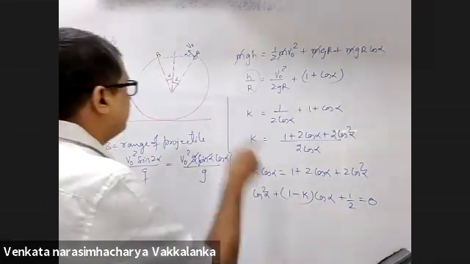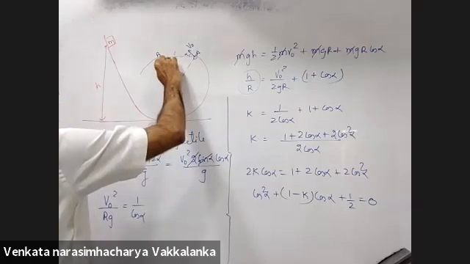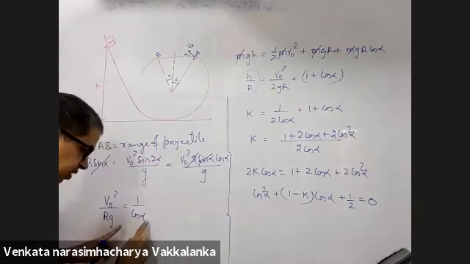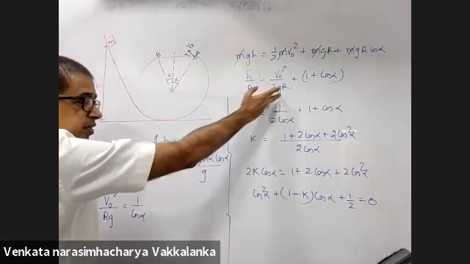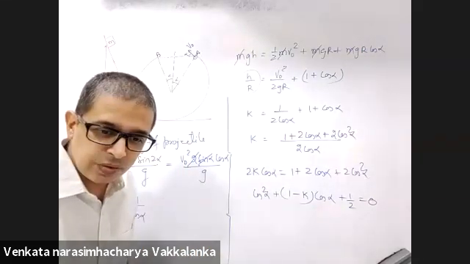If it is a fact that this projectile will reach this particular point, that means this should be the range. That means if this equation is satisfied, and by default conservation of energy is satisfied, then this quadratic equation should have real roots.